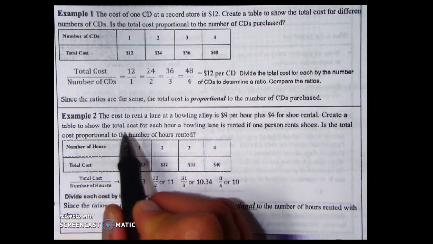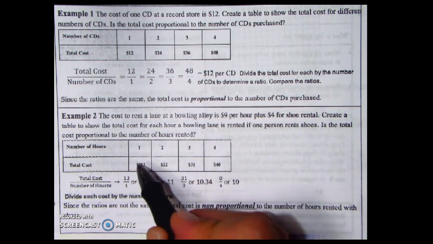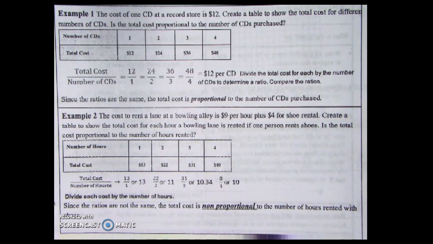Is the total cost proportional to the number of hours rented? So can somebody raise their hand and tell me, where does this 13 come from? Why is it 13? Connor? Okay, what do you say, Emma?